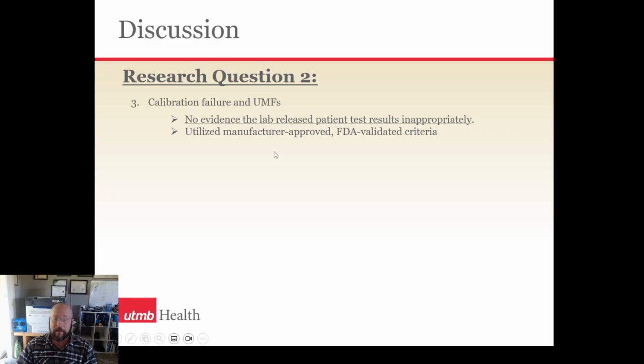This laboratory utilized manufacturer-approved, FDA-validated criteria, so they did not skip any of these things. We took a very narrow definition of calibration failure to correlate this to mechanical failure, and that definition does not match the manufacturer's definition of calibration failure.